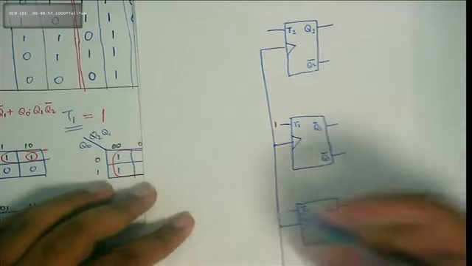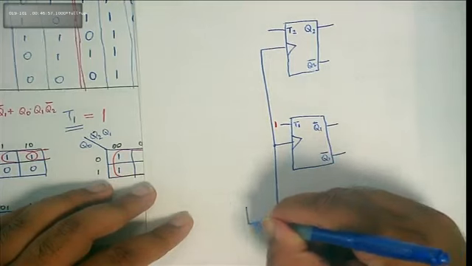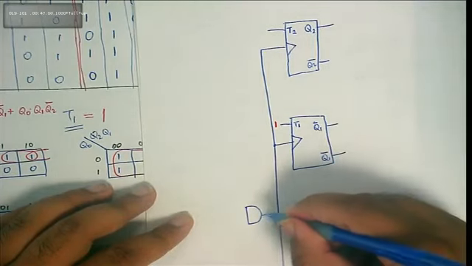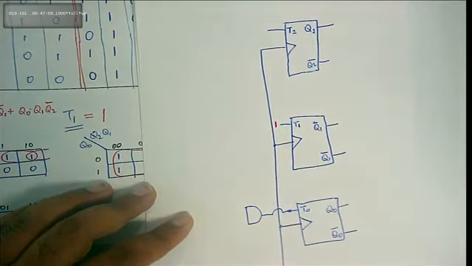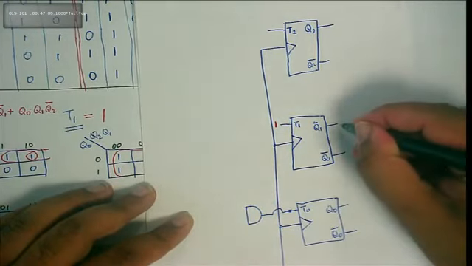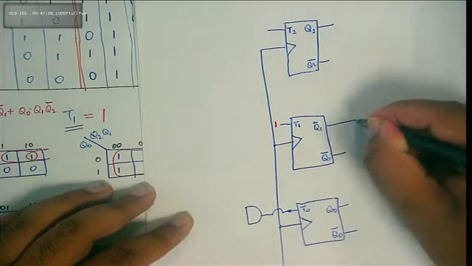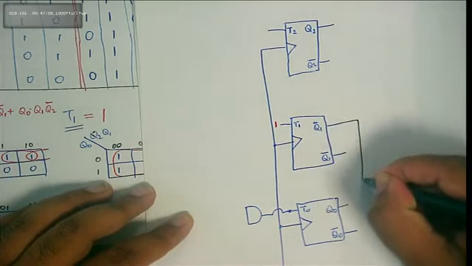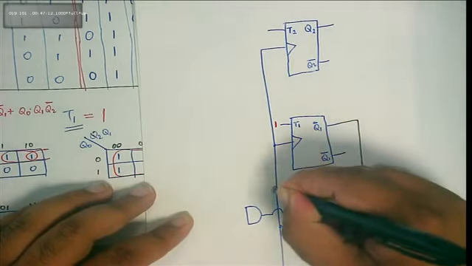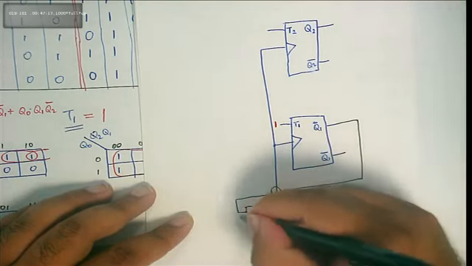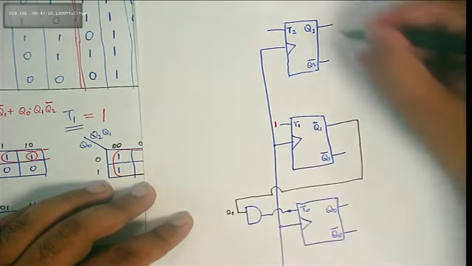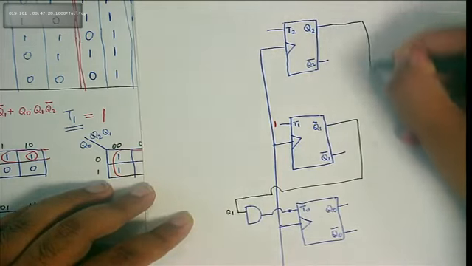So that's an AND gate, and we have Q1 over there, and Q2.